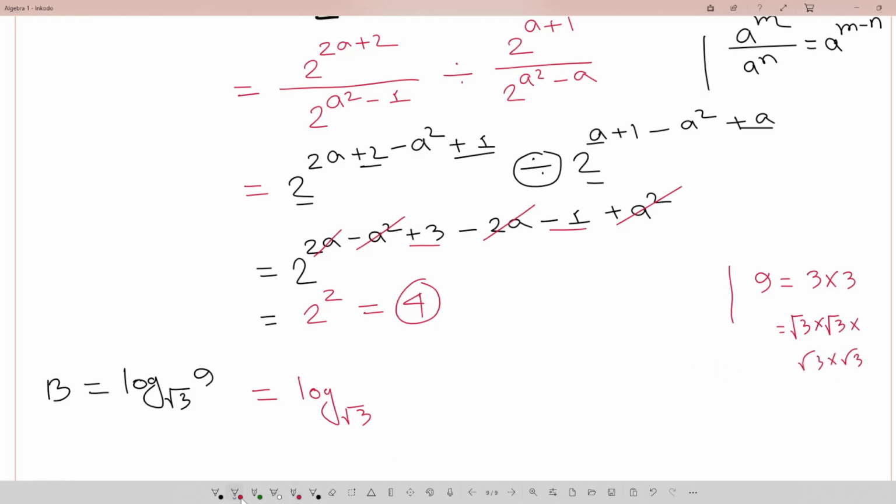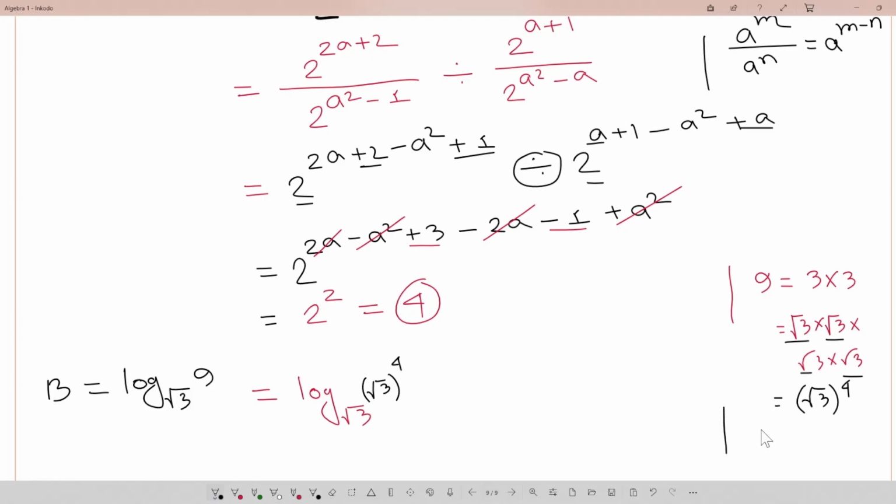So how many root 3 in here? 1, 2, 3, 4. So 9 we can write as root 3 to the power 4, right? So same thing against this 9, here we will write root 3 to the power 4.